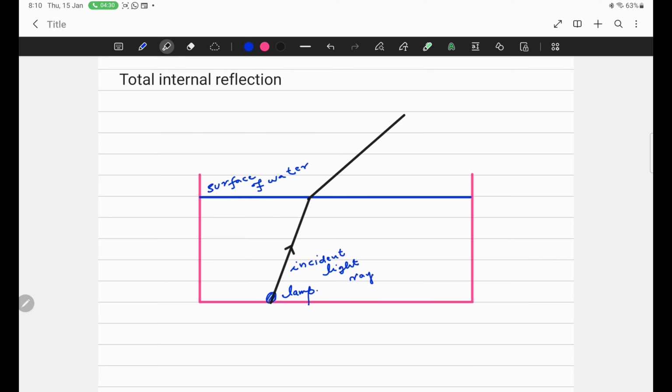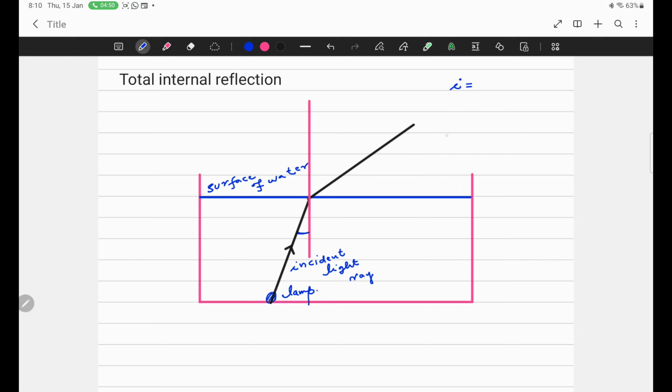The light bends, and you can see the light is bending away from the normal. This is angle I, that is the incident angle.